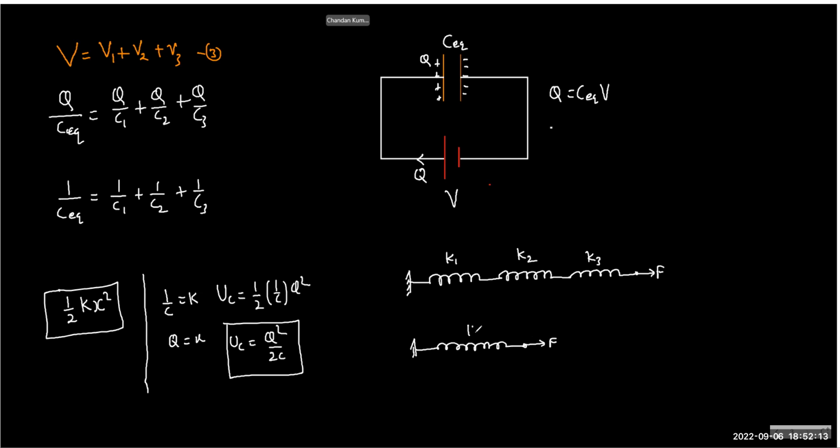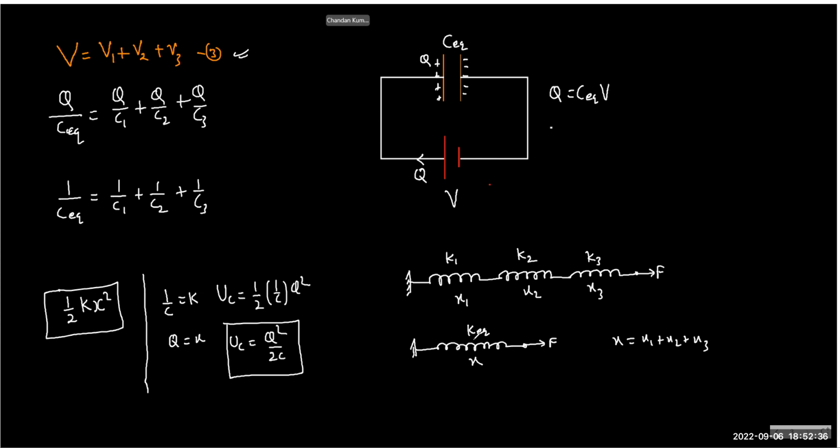The displacement. Just like here the charge was the same, here the net displacement must be the same. So let's say this elongates by x1, this elongates by x2, this elongates by x3, then the total x must be the same as x1 plus x2 plus x3, just like this.